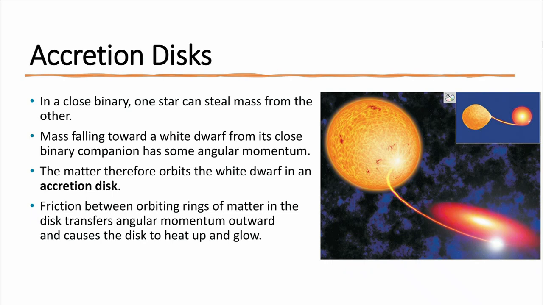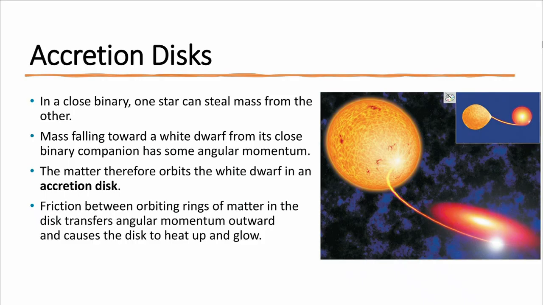Due to angular momentum, it will start orbiting the white dwarf in an accretion disk. And just like when you had solar system forming disks, you would get lots of friction and things heating up.